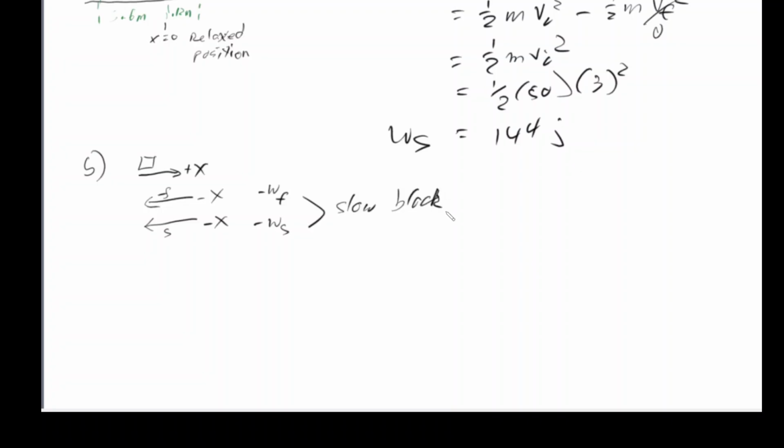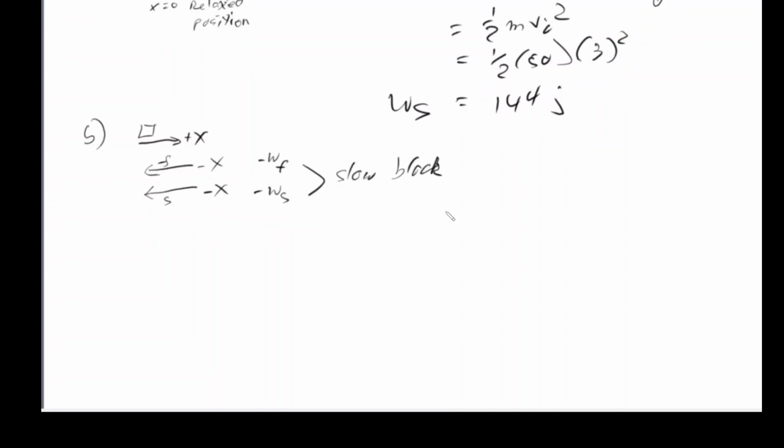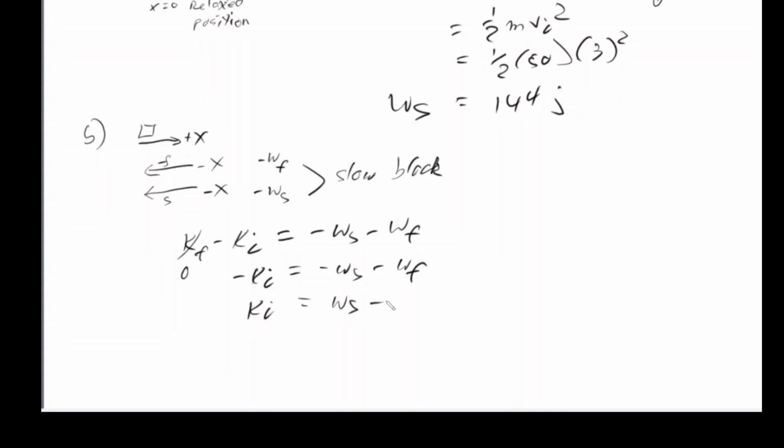So using the work energy theorem, kinetic energy final minus kinetic energy initial is equal to the sum of the work, which is minus the work of the spring and minus the work of friction. Since the final velocity was 0, that becomes 0, and we get minus Ki equals minus Ws minus Wf. If we reverse the signs, Ki is equal to Ws plus Wf.